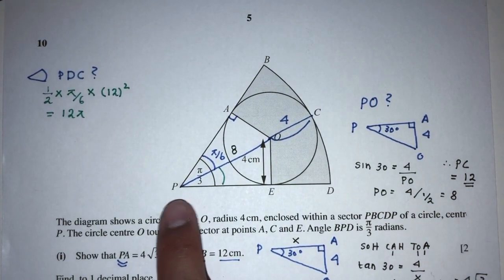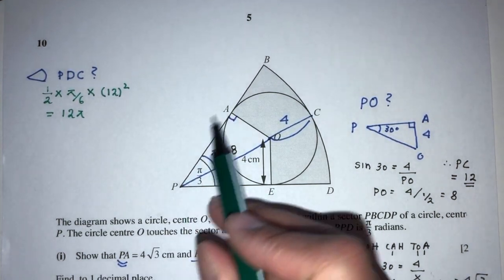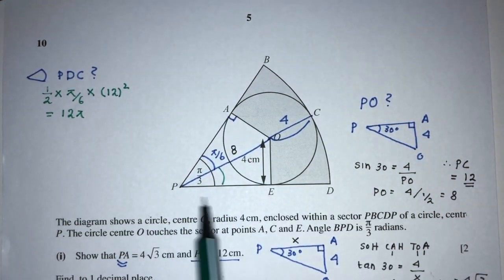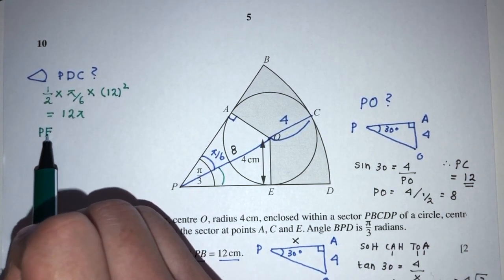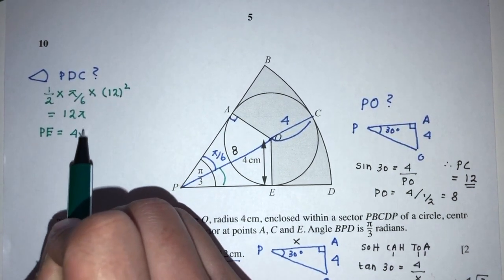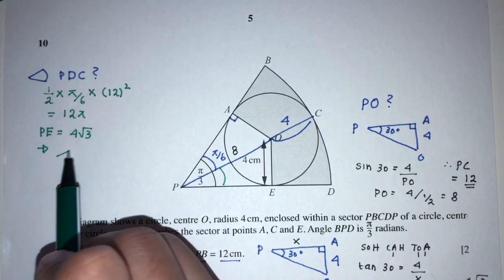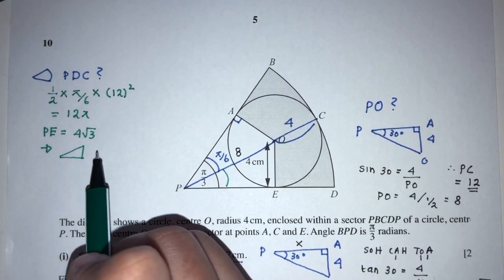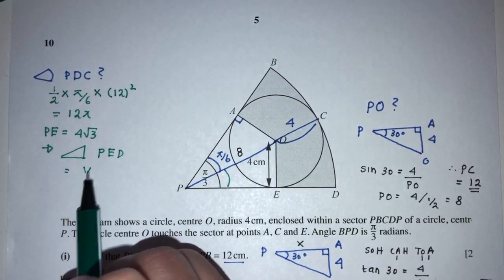Now, for this area, because we want to minus this area, so we know that PA is equal to PE. So P is 4 root 3 as well. From this we can find the area of triangle PED, which is half.